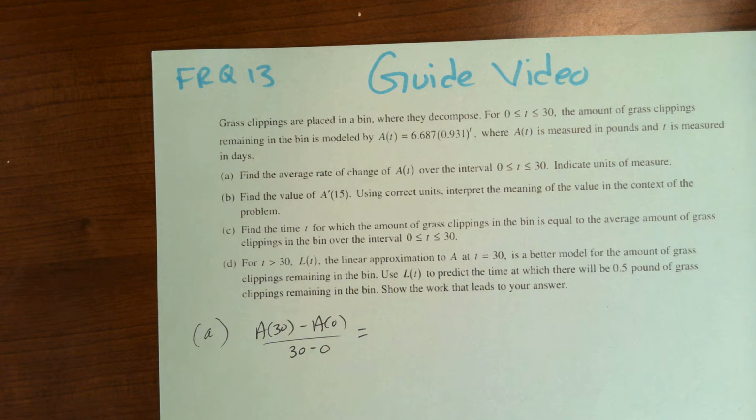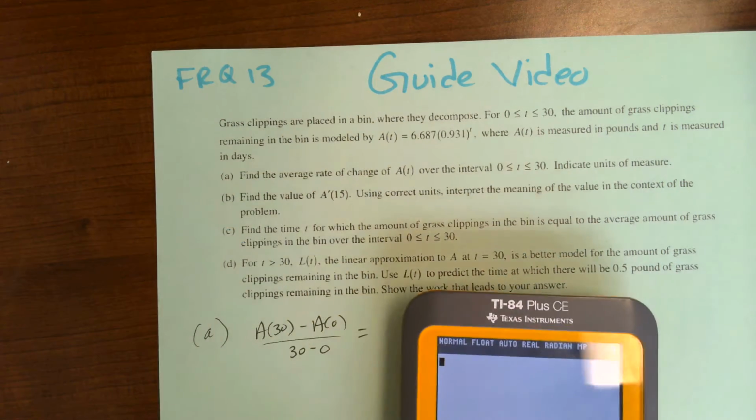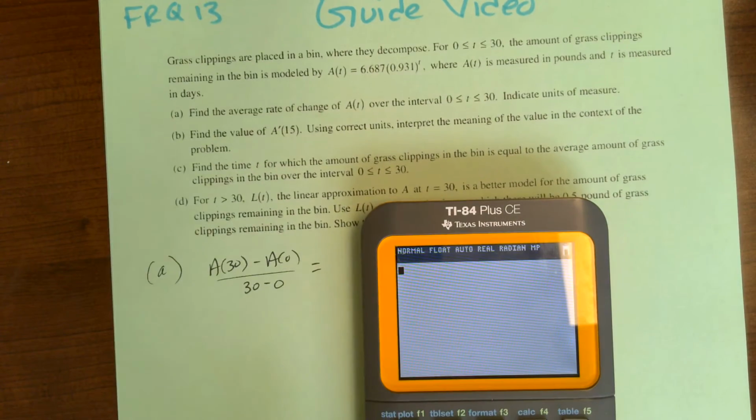All right, just a minute. I'm trying to use a calculator. Okay, excuse me. All right, so A of 30.